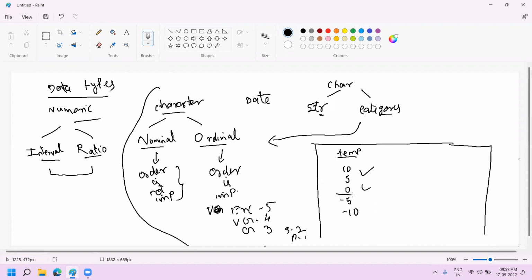Now there is one important value here which is called 0. What does 0 represent in this? Is it a valid value or an invalid or bad value? It's a valid value. In statistics, we have a term for 0, which is called true 0. Now in this example, can I say 0 means presence of temperature or absence of temperature?